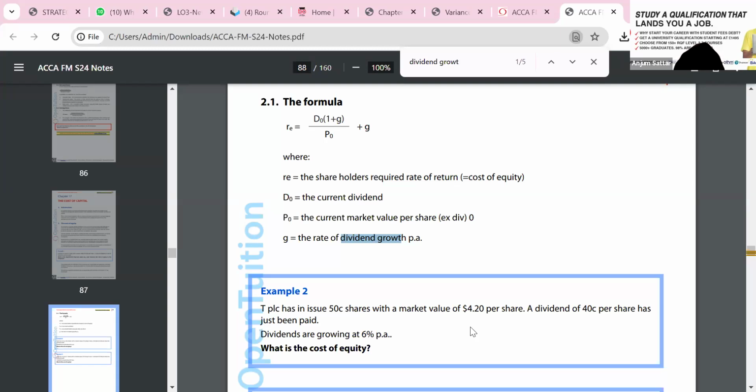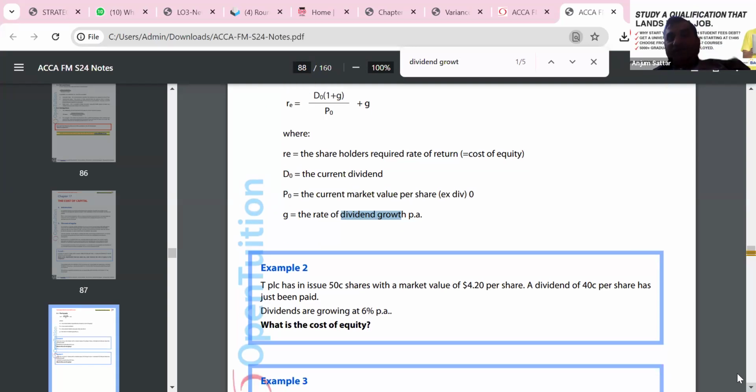Giving free shares to your workers can impact the existing shareholders and the growth rate as well. These are all factors we can consider before we make the decision.